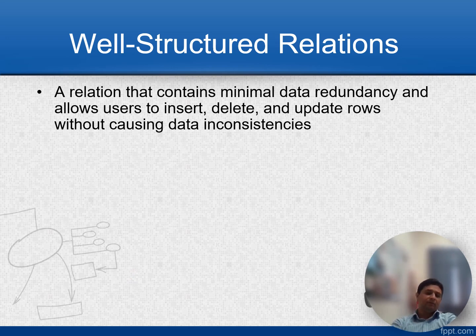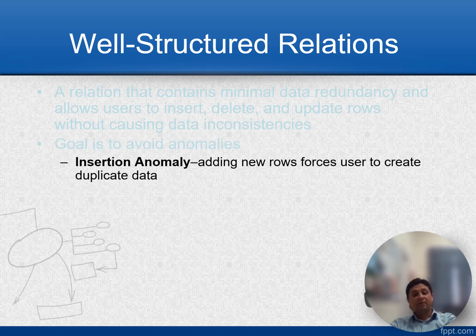And related to these three types of operations, we can have three types of anomalies in a relation. The first type of anomaly is the insertion anomaly. This anomaly is that, for example, if we want to add some data in a relation, and we are forced to add some duplicate data that we do not want to add, it would mean that there is insertion anomaly in that particular relation.